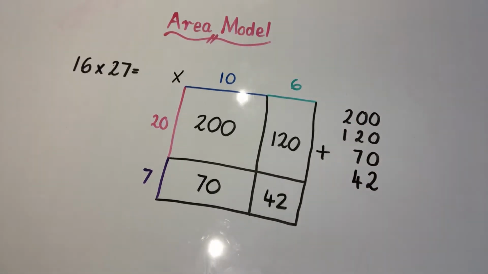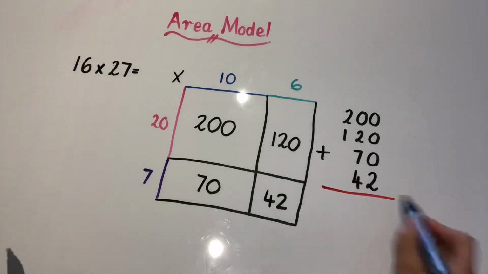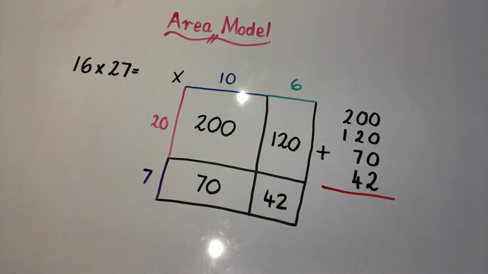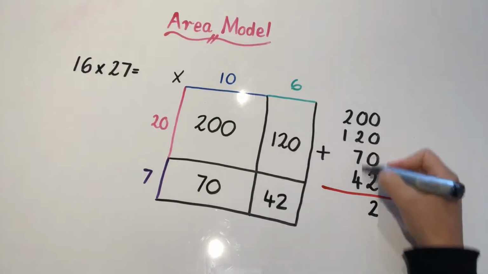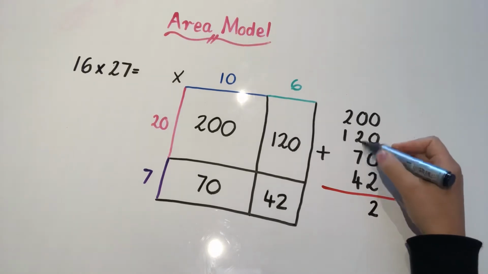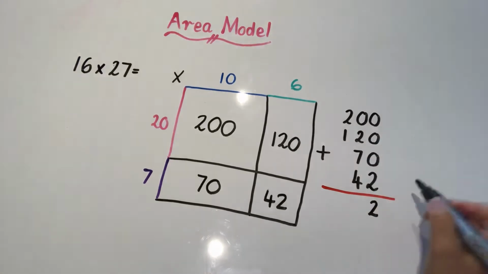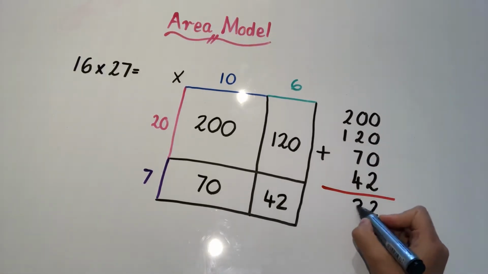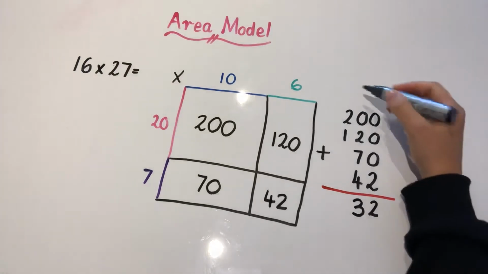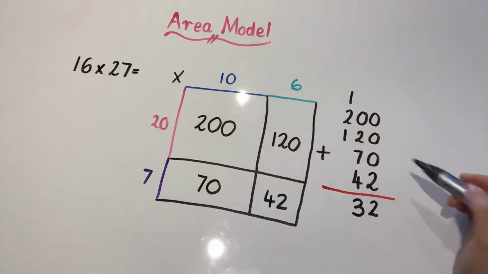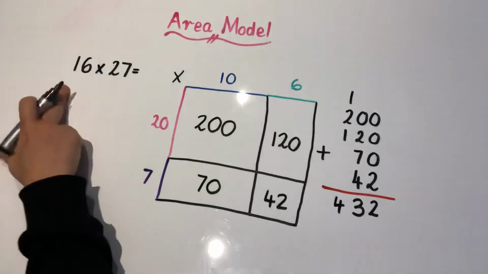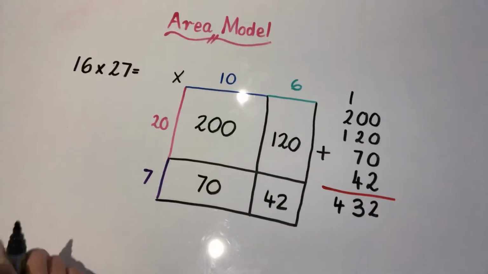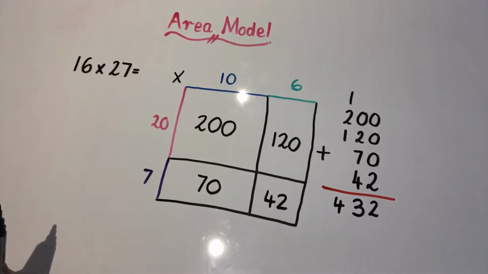Making sure that I'm showing all my working out. Adding our ones column is 2, our tens column, 7 and 2 is 9, and 4 is 13. Rename, put our 3 tens down, carry our 100, and add our hundreds column, which is 4. So the product of 16 multiplied by 27 is 432.